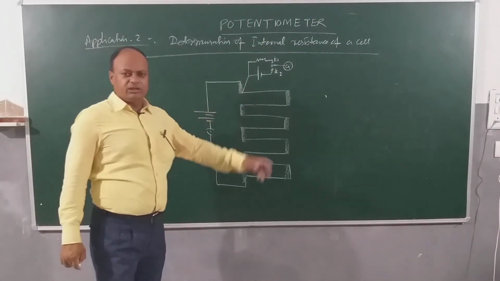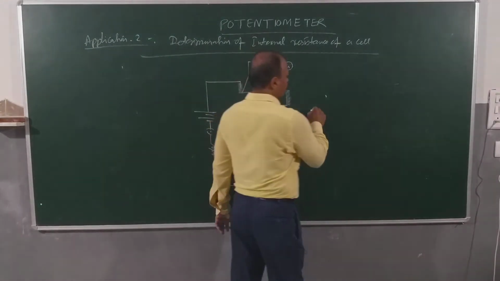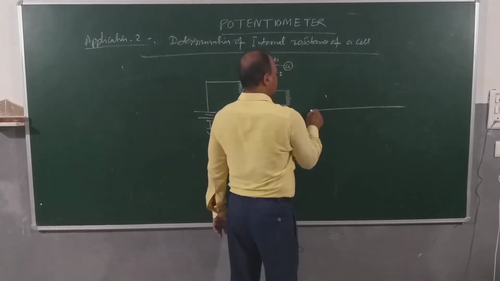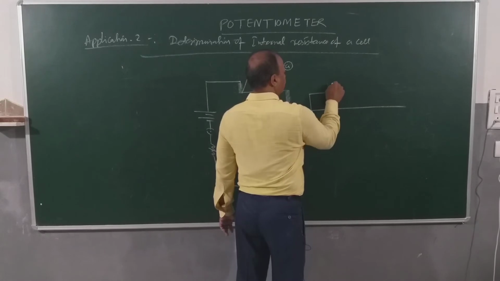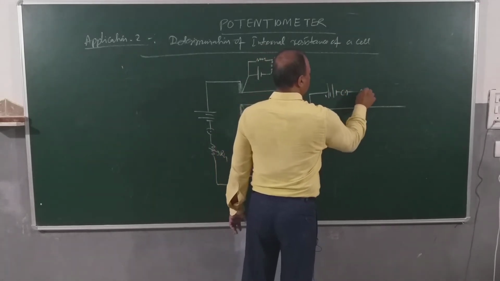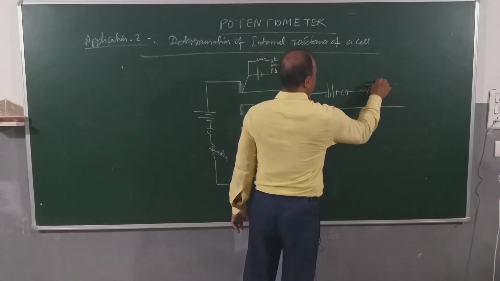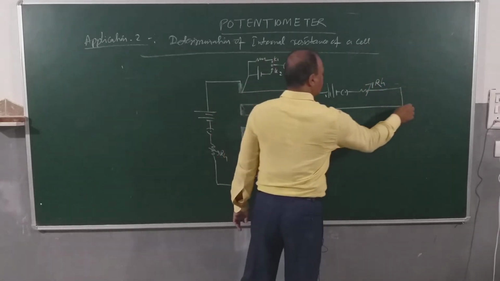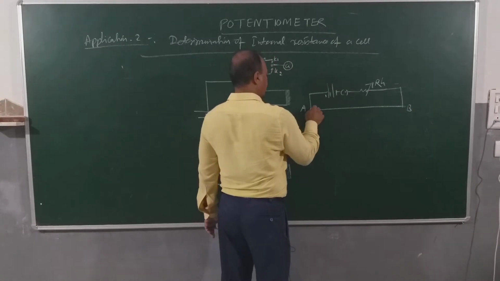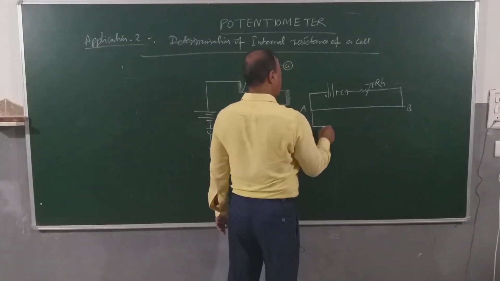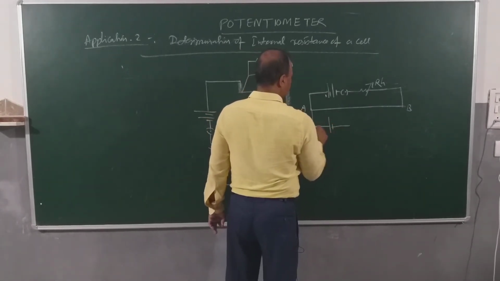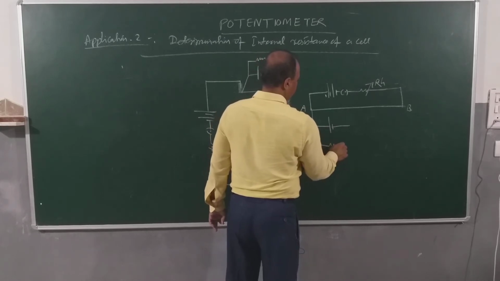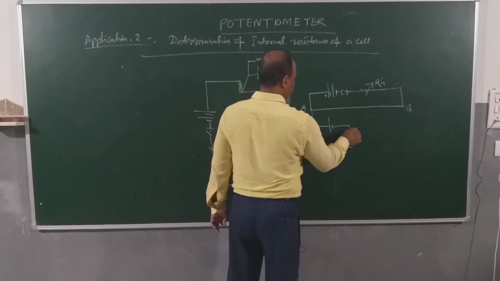If you want to draw the analogous circuit using a single wire, then this is the driving cell, key, rheostat. You can use either of the circuits, whichever suits you. And here we have a cell, and here we have an internal, we have external resistance.